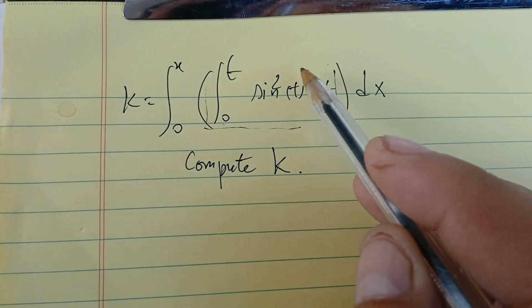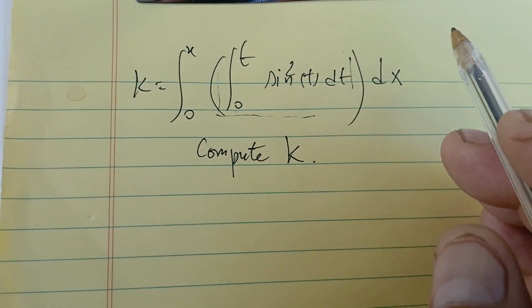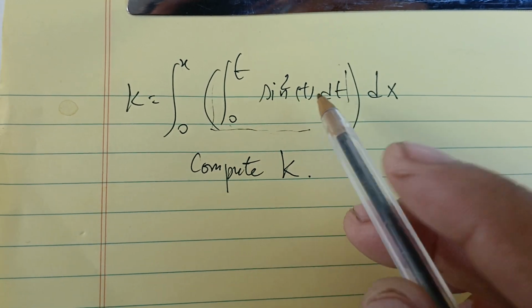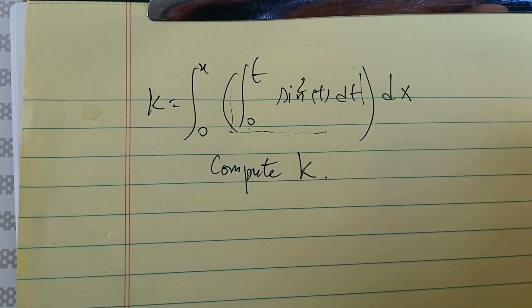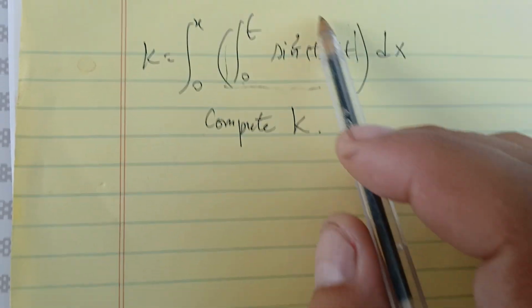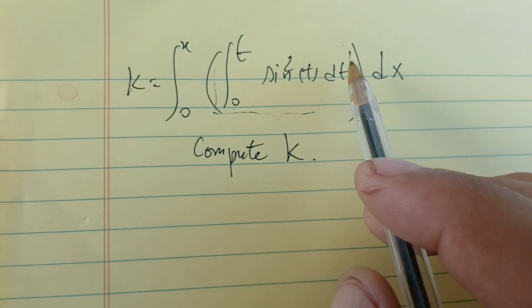Okay? So we can solve this integral by first integrating with respect to x, which is surprising. And after that, we can integrate with respect to t. Nothing is going to change. Or we can do this one first, and after that, we integrate with respect to x. So nothing is going to change.